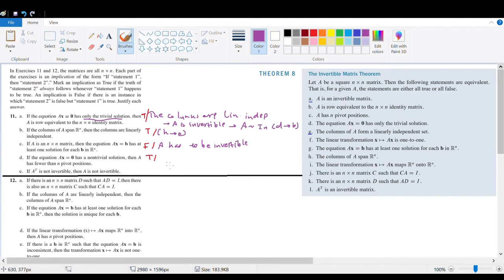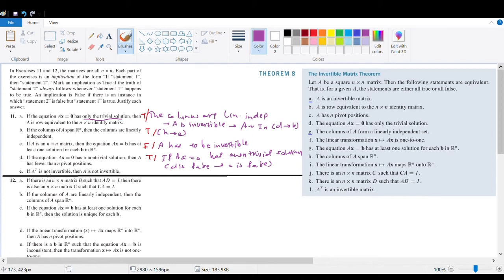So if Ax is equal to 0 has a non-trivial solution, that means D is false. So that leads to A cannot have a pivot position in every column. That means C is false also.